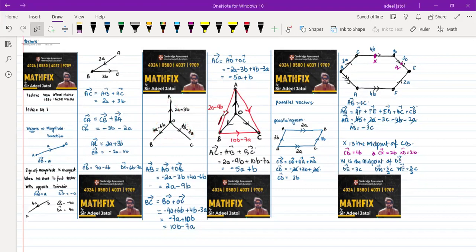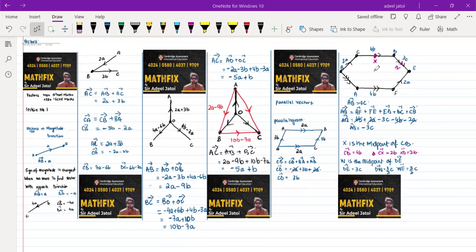Then we made sure to tell you that you use any of the magnitude, you will end up having the same vector line. Then we worked upon parallelogram and the parallel vectors, knowing the fact that if the distance is same and the direction is same, then automatically the vector is going to be same.